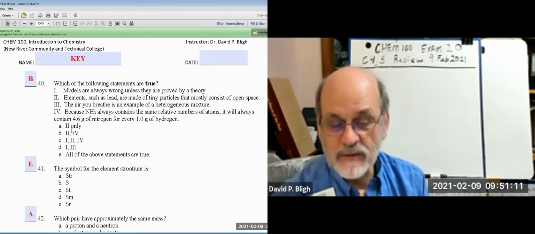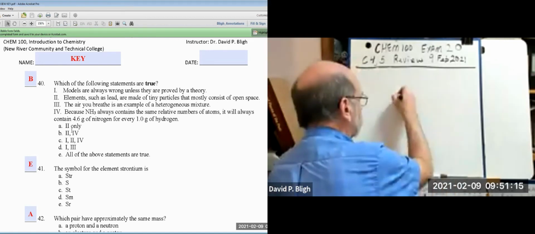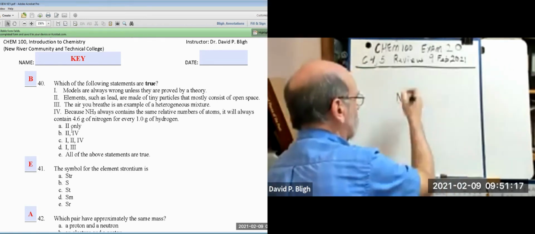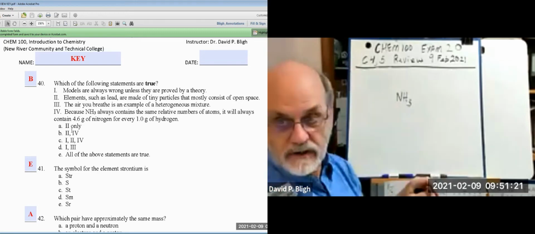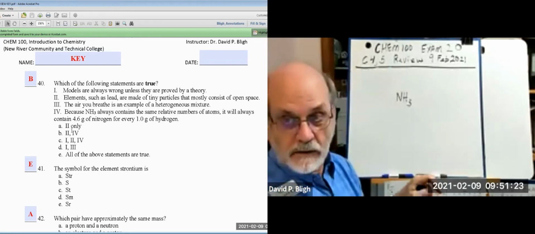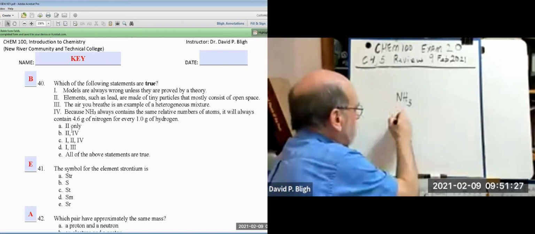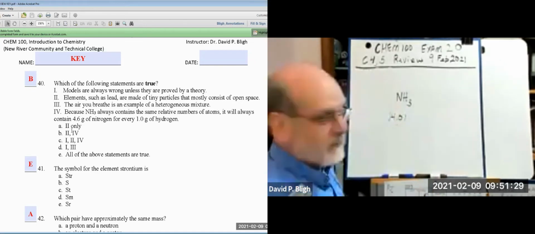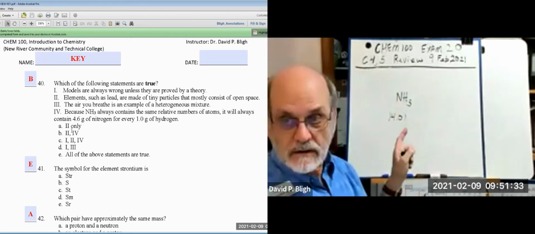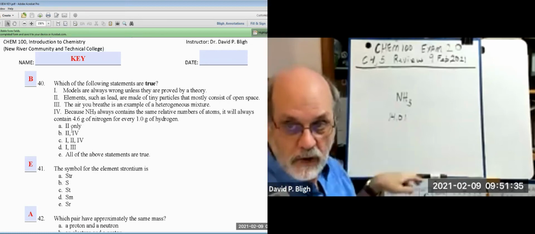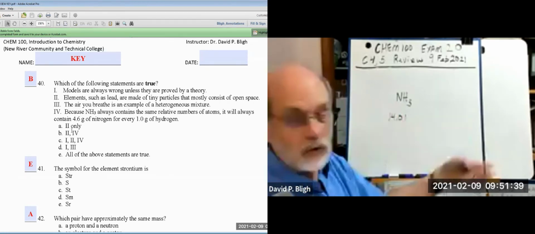Well, you may have to do some calculations, right, NH3. So, what mass for nitrogen there? Well, if we look at the periodic table, it says it's 14.01. But hydrogen, there are 3 of them, right? So if we look at hydrogen, it's 1.01, but there are 3 of them. So it's 3.03 total.